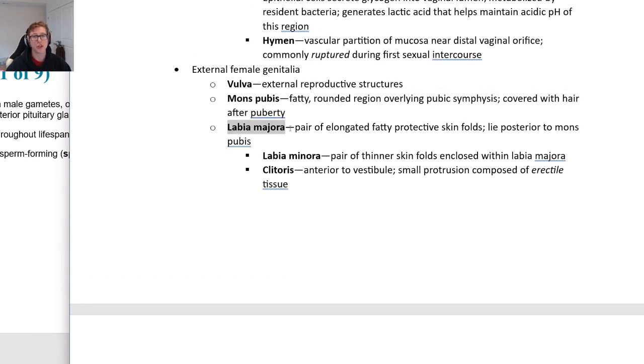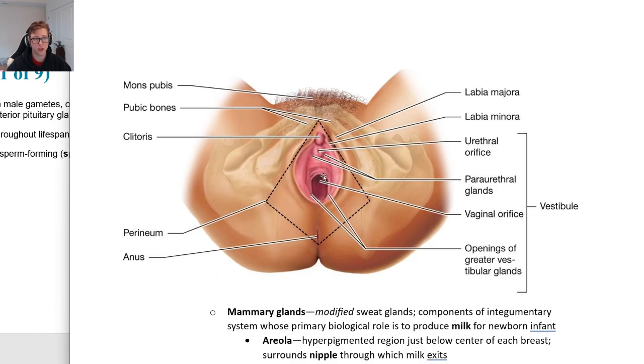The labia majora, a pair of elongated fatty protective skin folds. They lie posterior to the mons pubis. The labia minora, the pair of thinner skin folds enclosed within the labia majora. The clitoris, anterior to the vestibule, a small protrusion composed of erectile tissue.